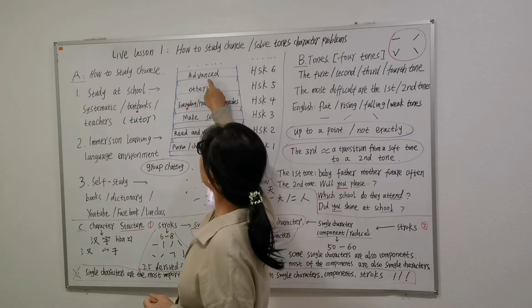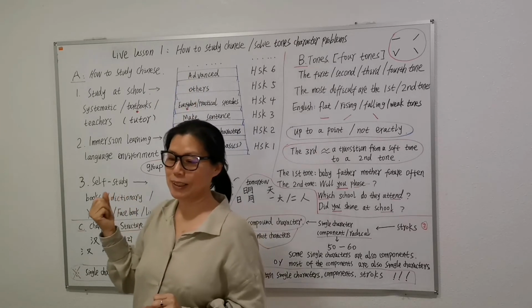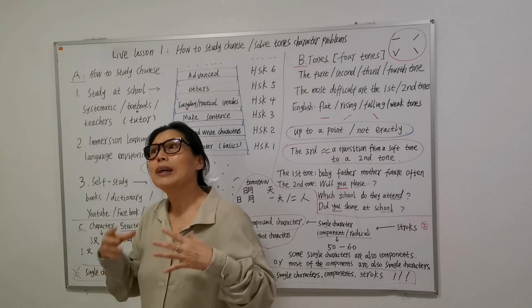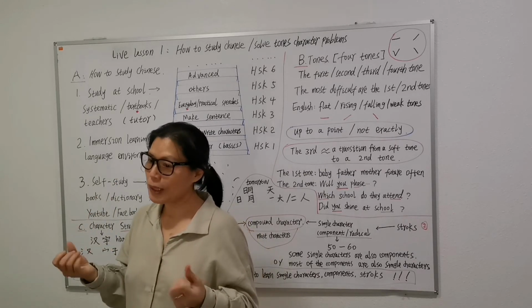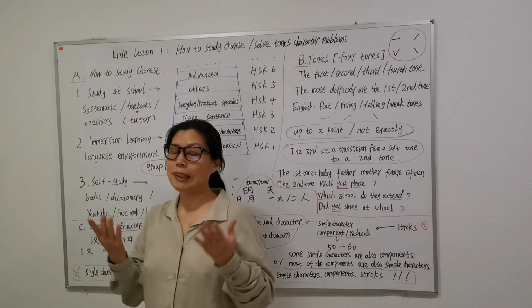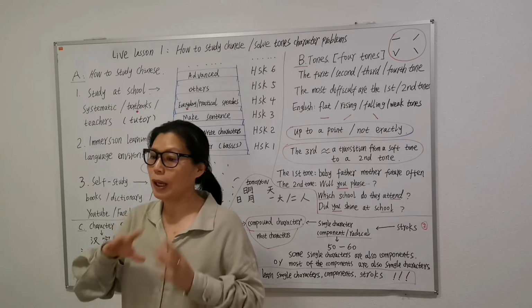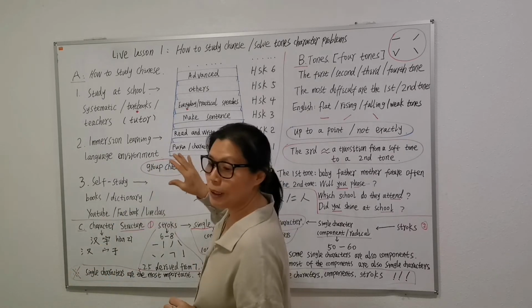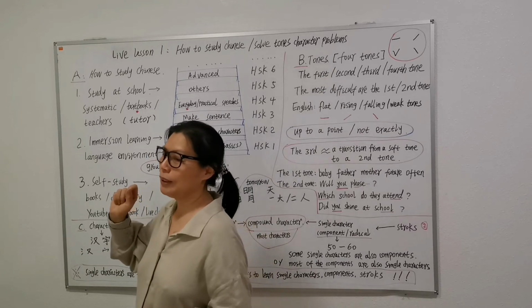Later, you go up to more advanced, then you can naturally learn some grammar. Chinese grammar is very easy. At first, learning Chinese is very difficult, but after you master the basics, then everything will be okay.